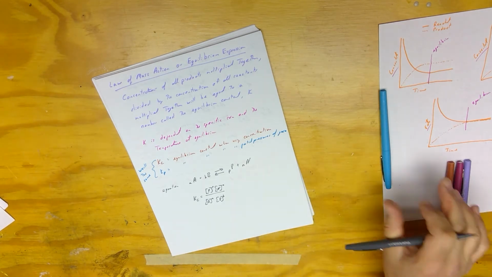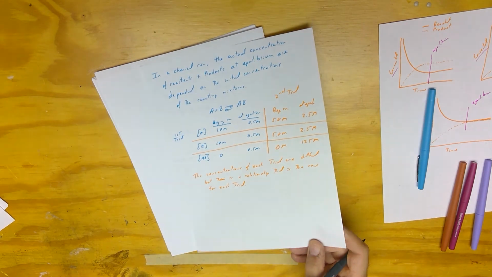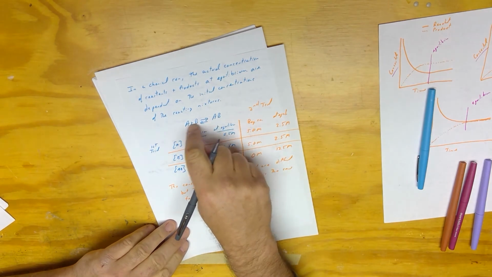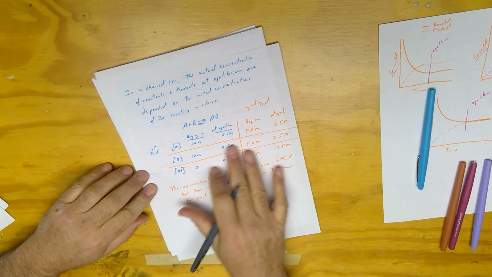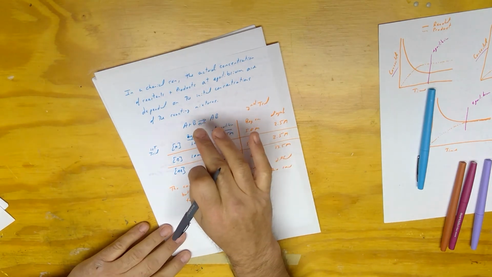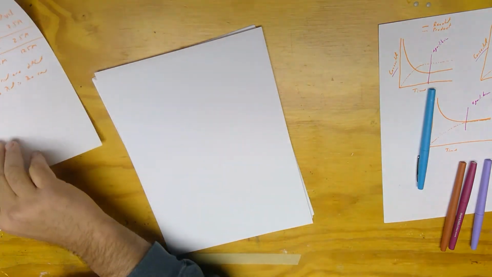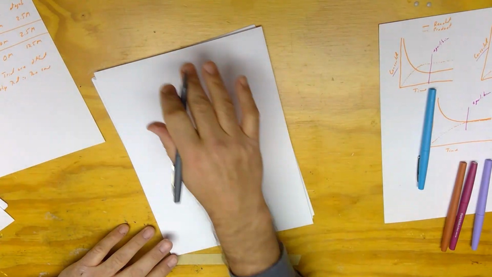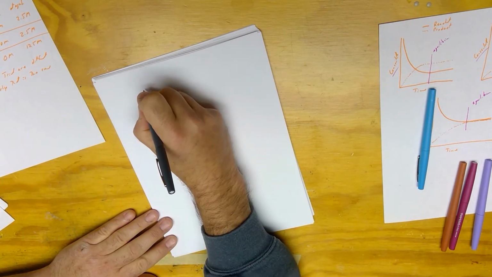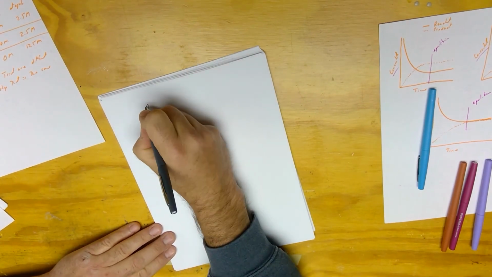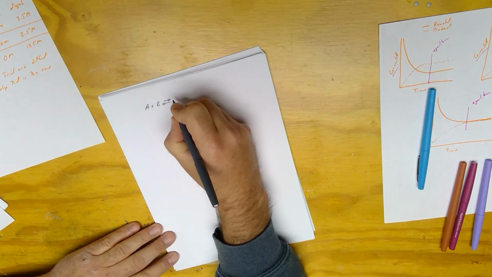So now I want to go back and apply this to this reaction right here. We're going to use this data in a minute, and actually calculate our equilibrium constant. So we go back to A plus B in equilibrium with AB.